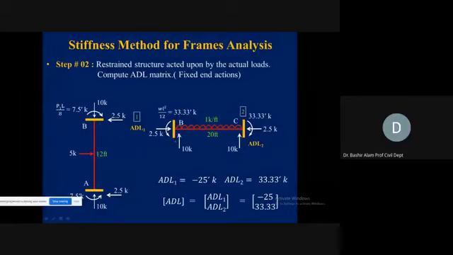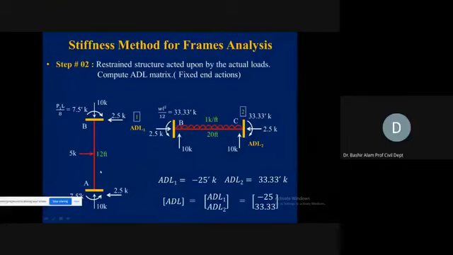Still it can slide upward, means it can transfer the load in this vertical direction. So this 10 kip was in upward direction, so at joint B in member AB it will become downward. This 10 kip downward is going to be balanced by 10 kip in the upward direction.